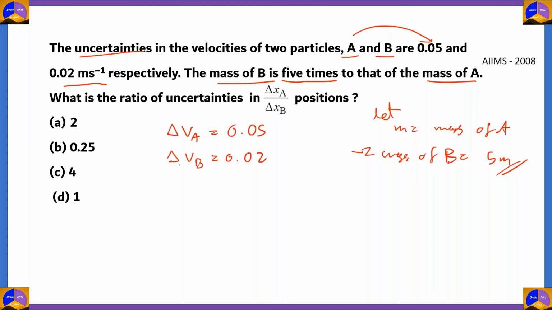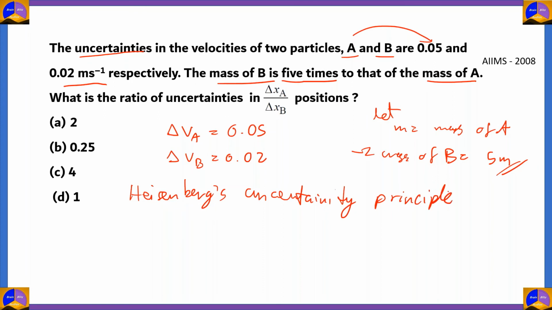So over here, we use Heisenberg's uncertainty principle. Heisenberg said that it is impossible to accurately calculate the position and the momentum of a particle simultaneously. So when we get the accurate position, the momentum will be compromised, and when the momentum is gotten right, the position will be compromised.